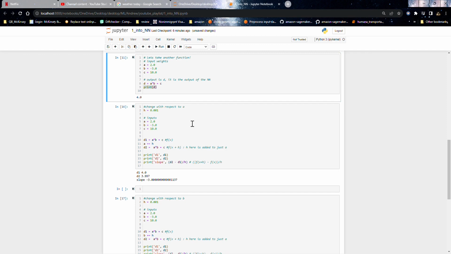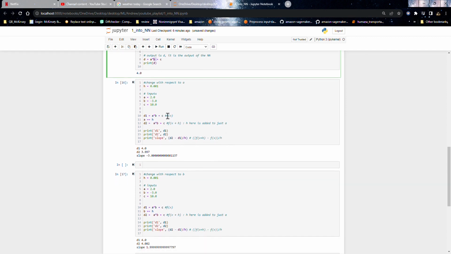Now, in order to do that, we need to find the derivative of D with respect to A, B, and C. So if we take inputs and we say we're going to nudge A by a small amount h, then how much does the function change?